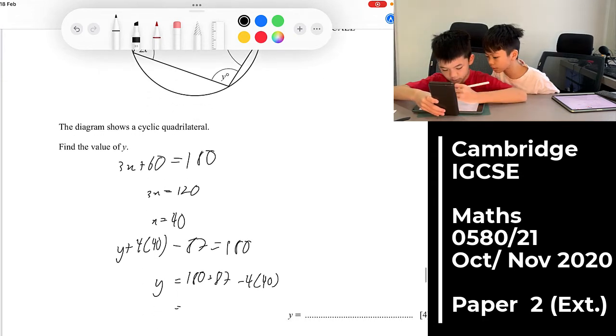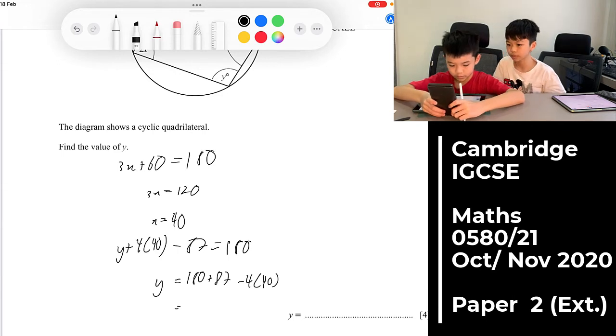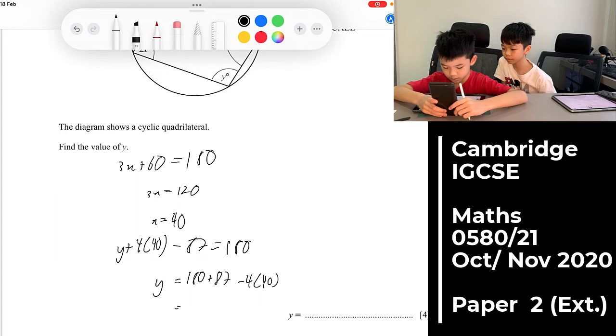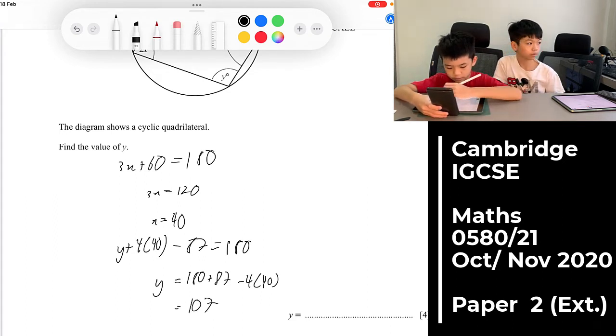Oh wait, it's plus 87. 180 plus 87 minus 40 is 107.